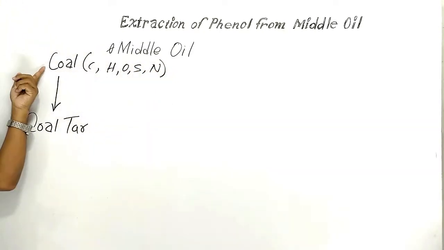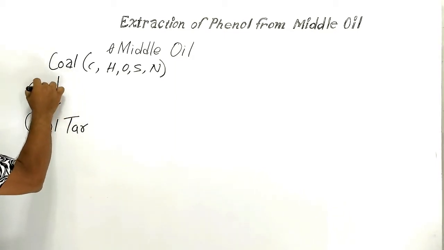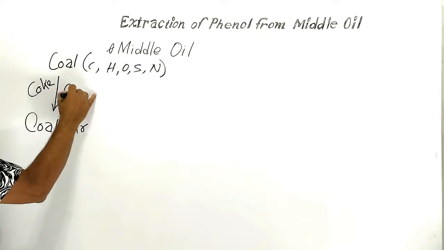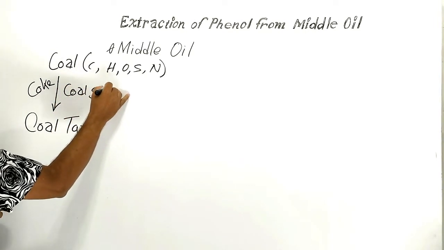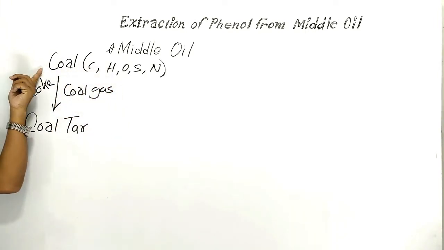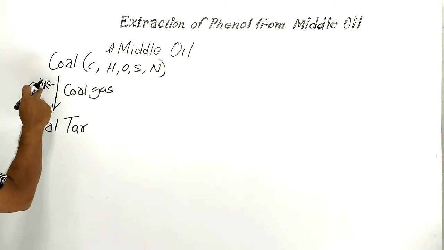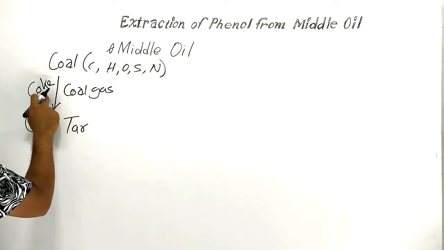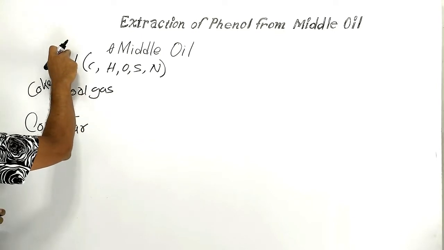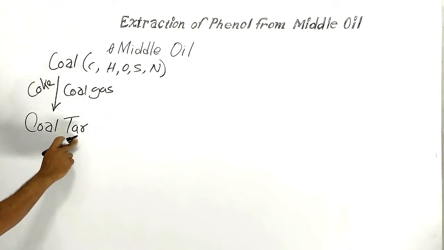When coal is treated to produce coke and coal gas by destructive distillation, that is heating in absence of air, at the time of production of coke and coal gas from coal, coal tar is formed.